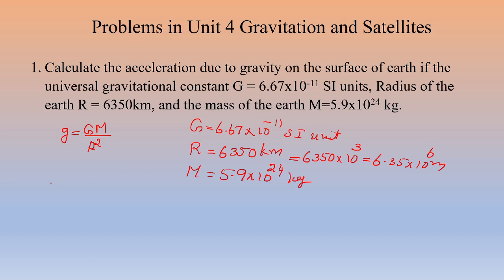So let us substitute all these values. Then small g is equal to capital G, that is 6.67 into 10 raised to negative 11, the mass of the Earth 5.9 into 10 raised to 24 kilogram divided by the radius square, that is 6.35 into 10 raised to 6 whole square.